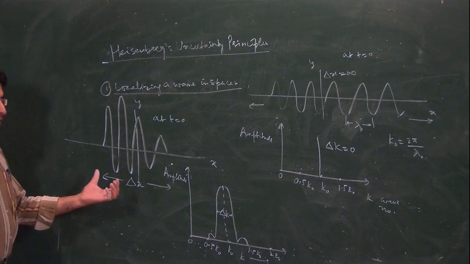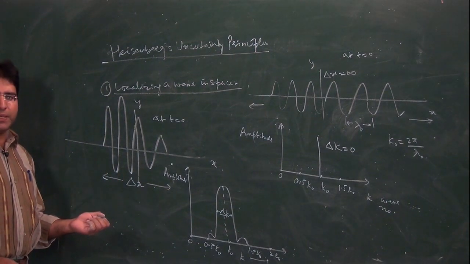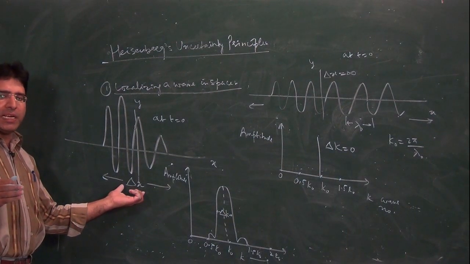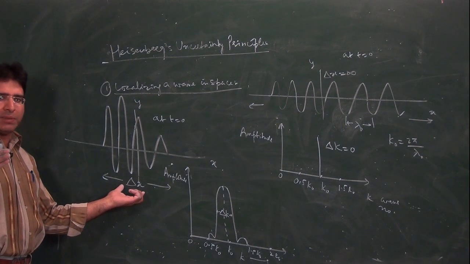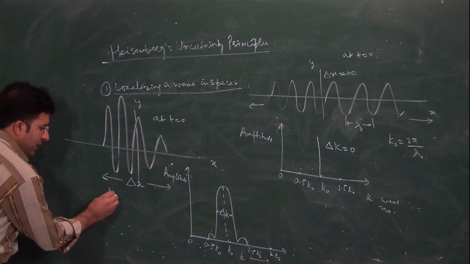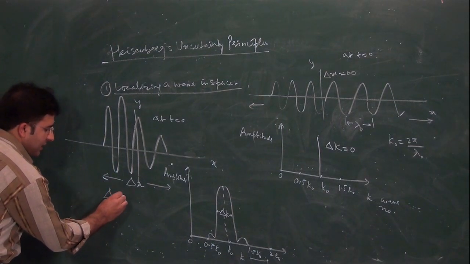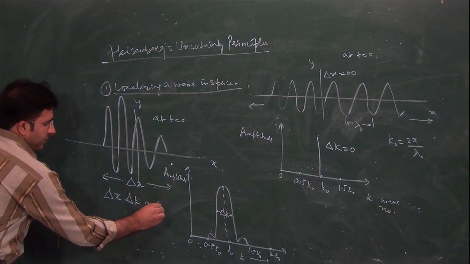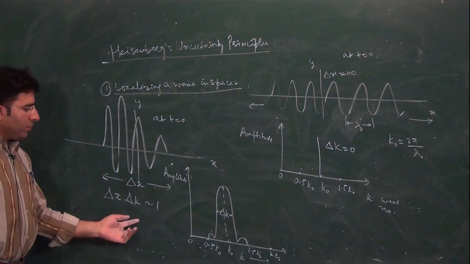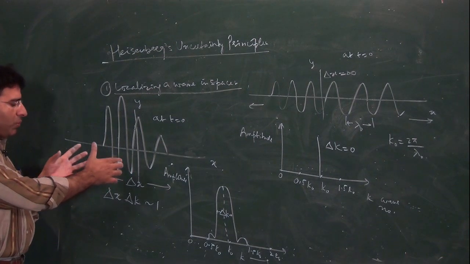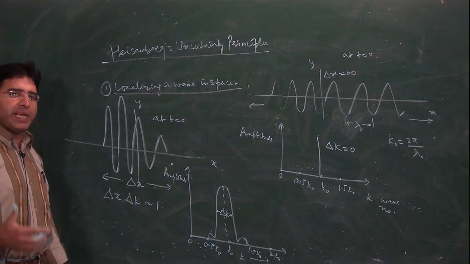Now what is the best possible situation in constructing this wave packet? The best possible situation is to make it 100% particle-like. That means to make delta x 0, because for a particle delta x is 0, since we can pinpoint the particle. That means the best possible situation can be mathematically written as delta x delta k is approximately 1. Why? Because the more particle-like you make it, the more waves you need to mix.